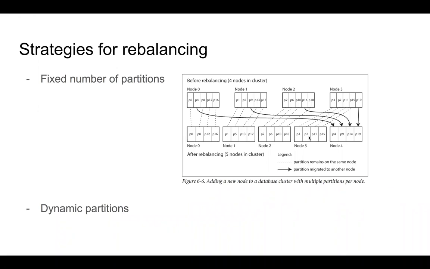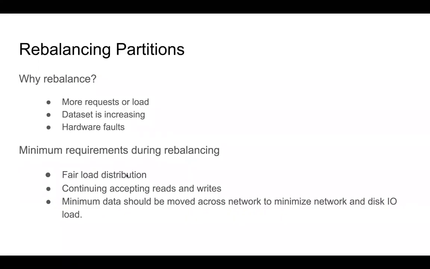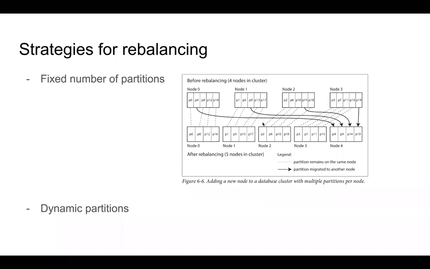Earlier we talked about the minimum requirements. Here, each node after the rebalancing has the same fair load distribution. Partitions are evenly distributed, and we are moving only 4 partitions. So we are moving only the minimum data which is required, not all the partitions.